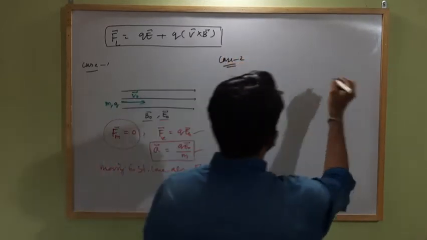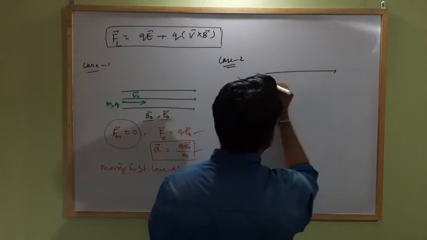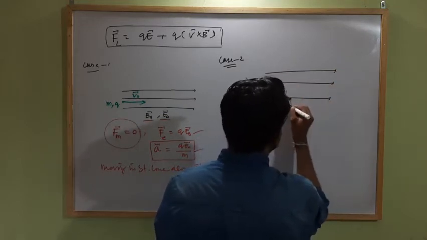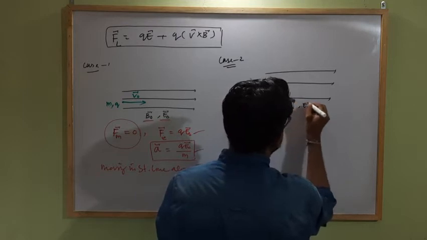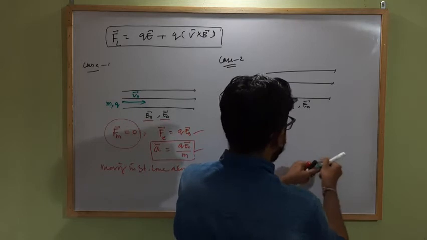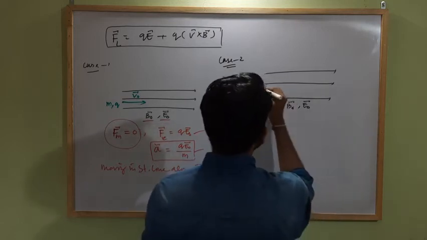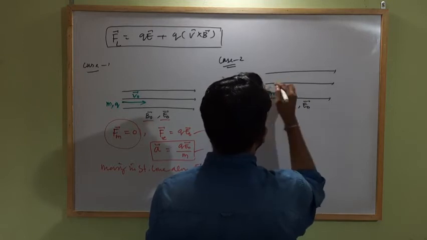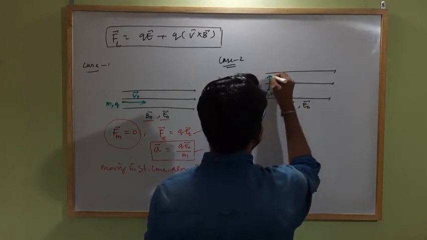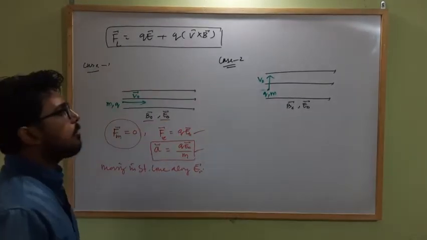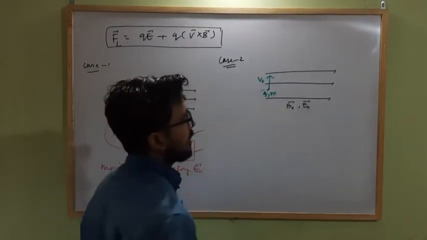Case 2. Same thing, both electric field and magnetic field are parallel. But here the charge is of mass m and q moves along this direction with v naught, which is perpendicular to the direction of the electric field and magnetic field.